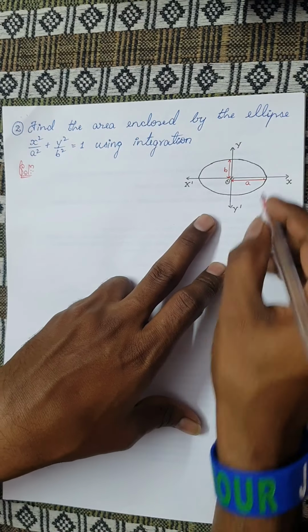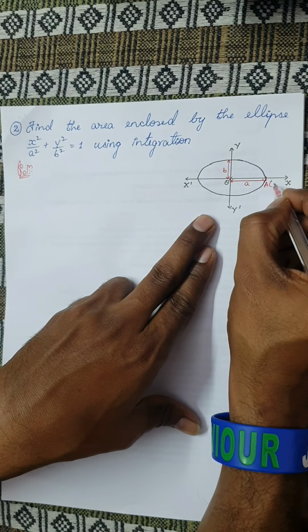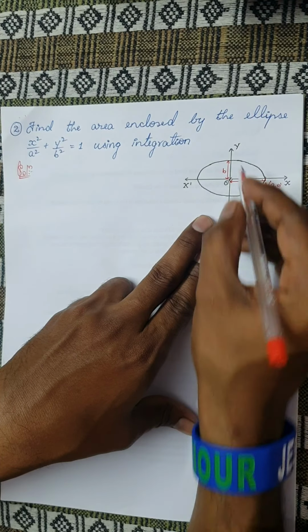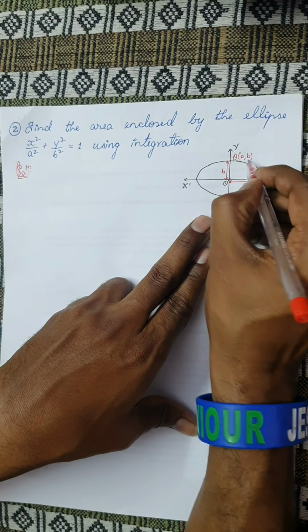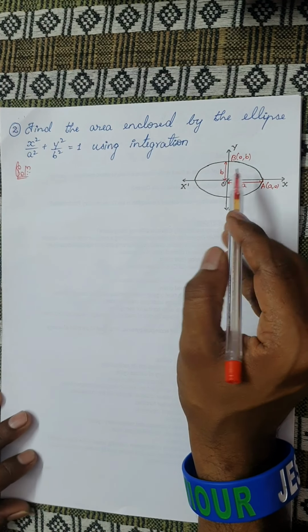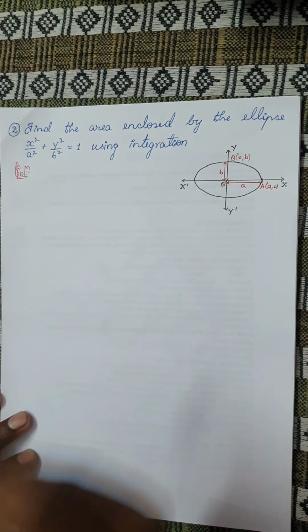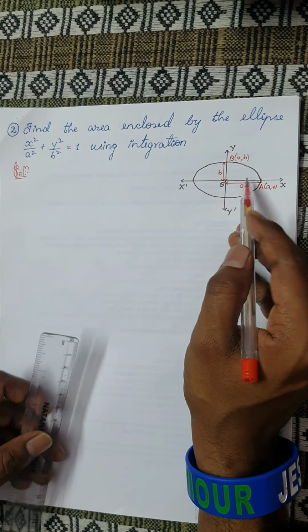So in that way, I'll take this point as a, that is a comma 0. Similarly, the point b would be 0 comma b. Now you can see that, as in the case of the circle, the ellipse is also symmetrical about the axes in the 4 quadrants.